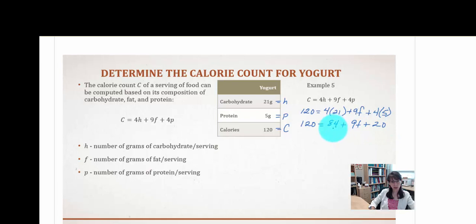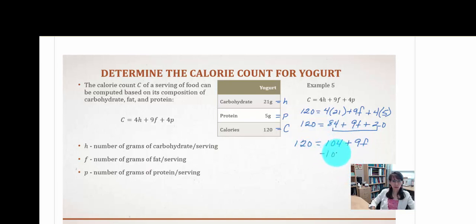So we actually do have some like terms to combine this time on the right-hand side of the equation. 120 would equal 84 plus 20. And 84 plus 20 is going to make 104, plus our 9 times F.